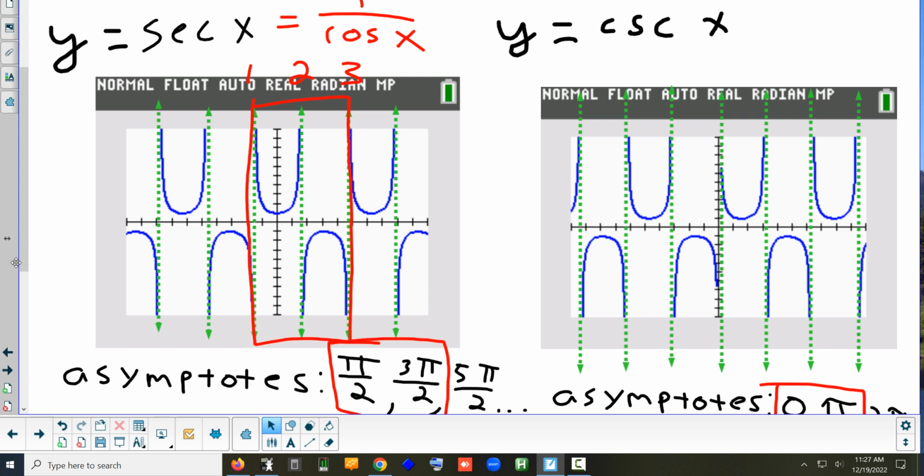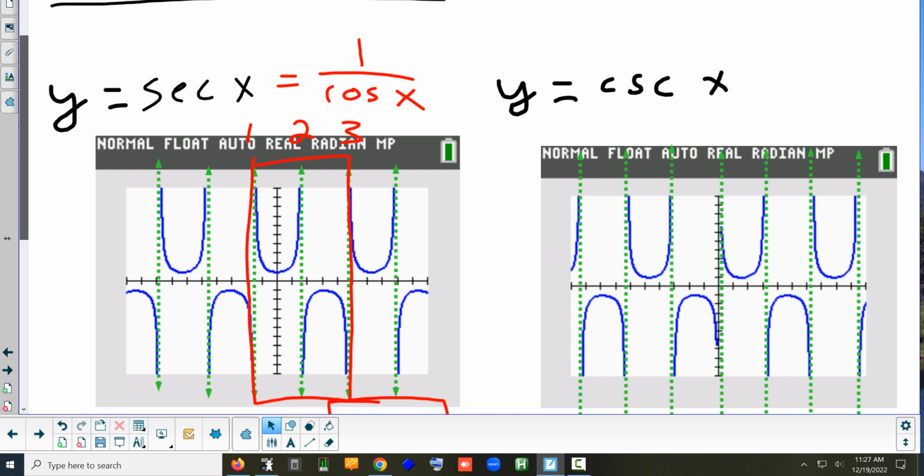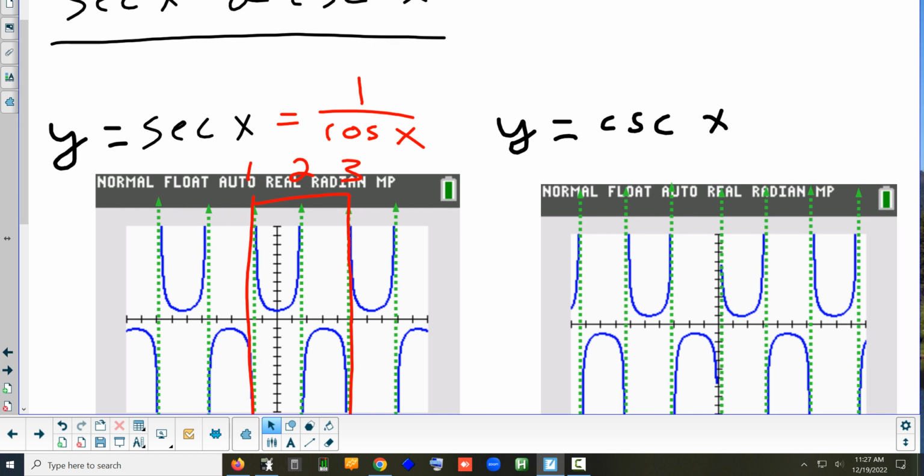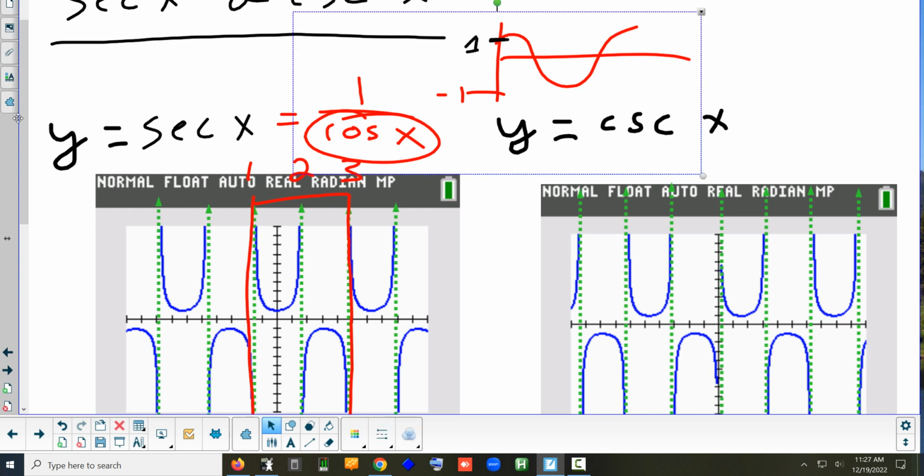They do hit -1. They just don't go past it. Because think about cosine. Cosine is always between -1 and 1. Well, if you take a number that's between -1 and 1 and put that in the bottom of a fraction, you can get bigger and bigger numbers, like if you divide by 0.5 or 0.2.